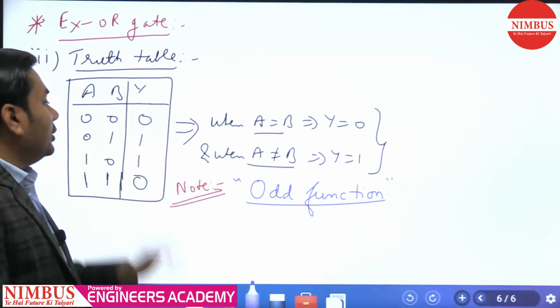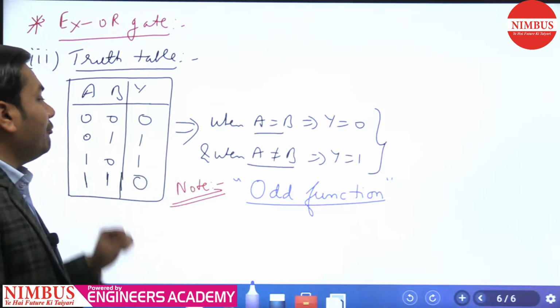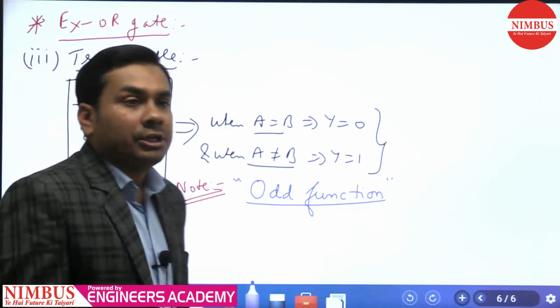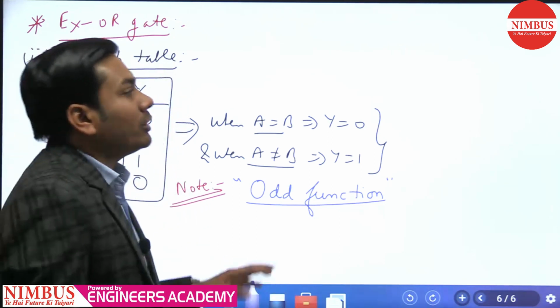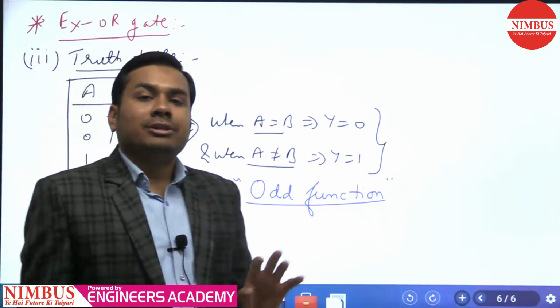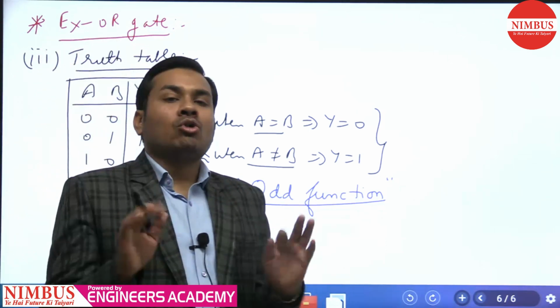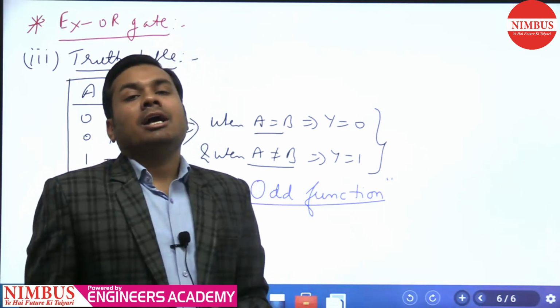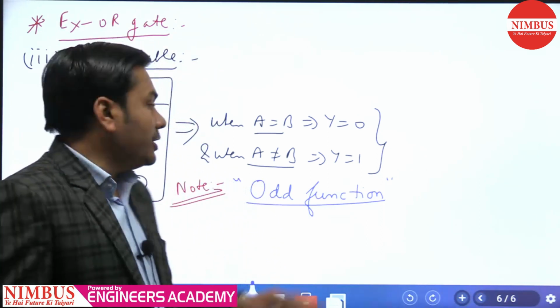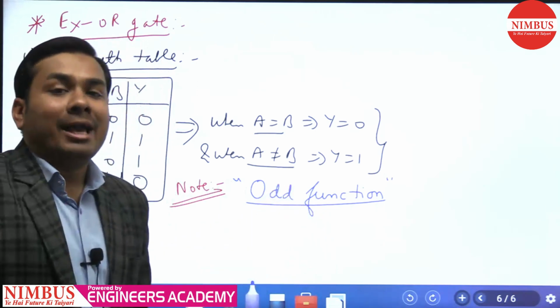According to that note, another name for XOR is odd function, right? So in the digital subject, whenever you get the term odd function, it talks about the XOR gate. Odd function is another name for the XOR gate.